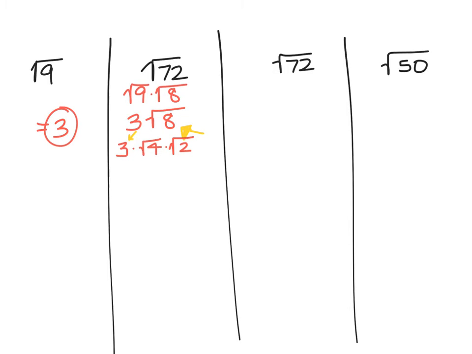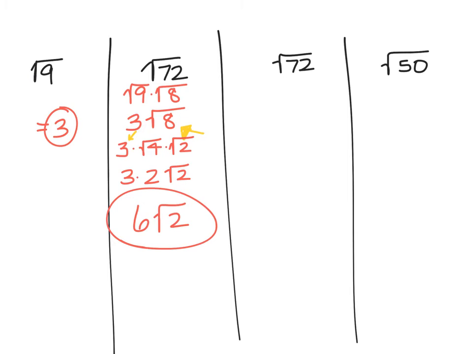Now, the square root of 4 is 2. The square root of 2 is just the square root of 2, and then 3 is out here. So I'm going to multiply 3 times 2, and this is going to give me 6 square root 2. And the reason I know that's the final answer is because 2 does not have any perfect square roots inside of it, so we can't break that down anymore. Now, there was a shorter way.